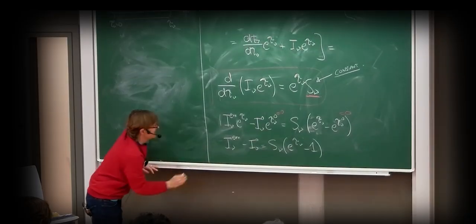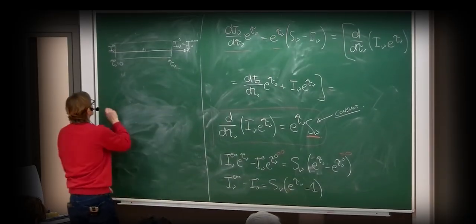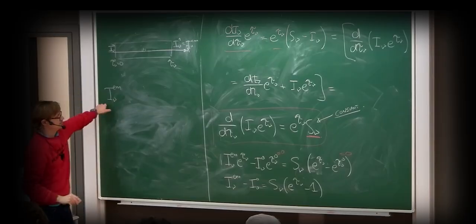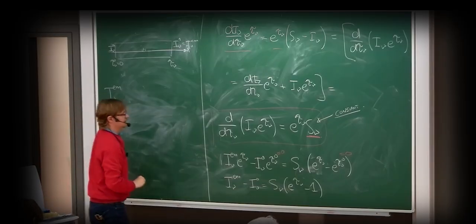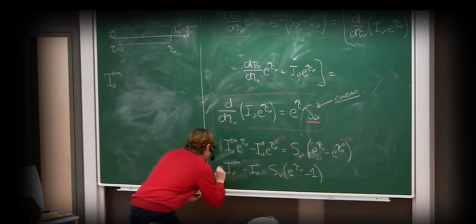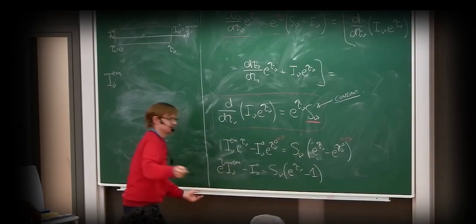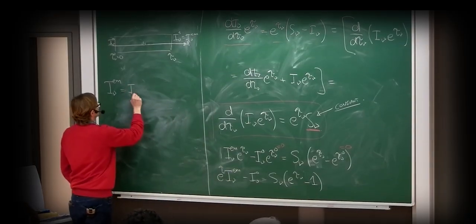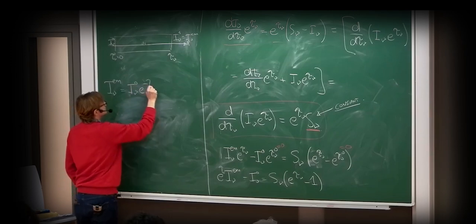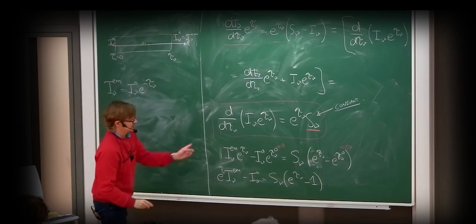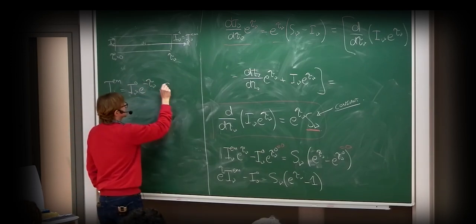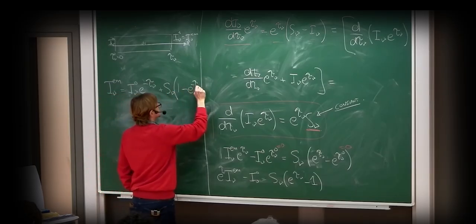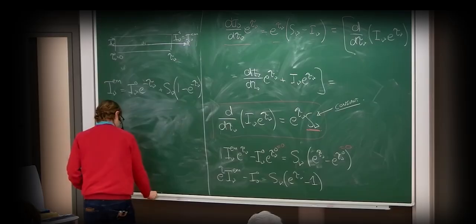Or, as we often put this equation, I nu emergent, I had forgotten an e to the tau nu here, you should have notified me of that, equals I nu 0 e to the minus tau nu plus S nu times 1 minus e to the minus tau nu.